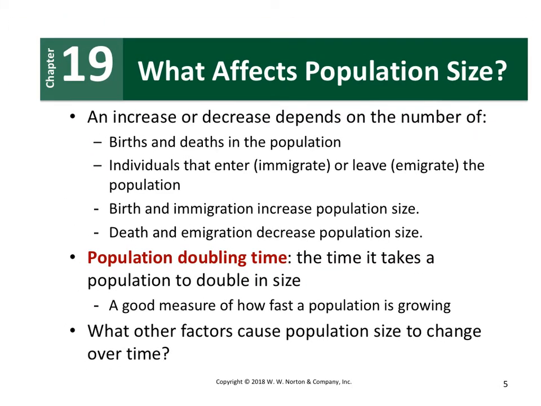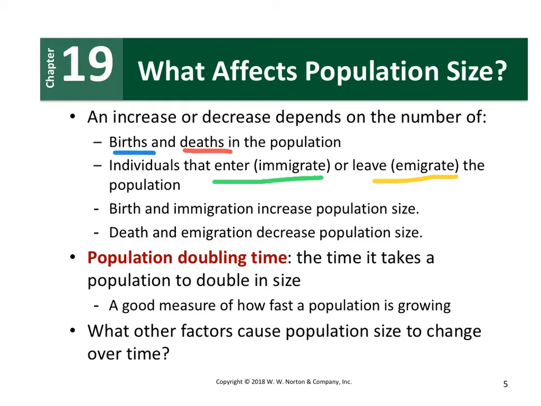So, what affects population size? Well, first of all, an increase or decrease depends on the number of births and deaths in the population, and individuals that enter or leave the population.